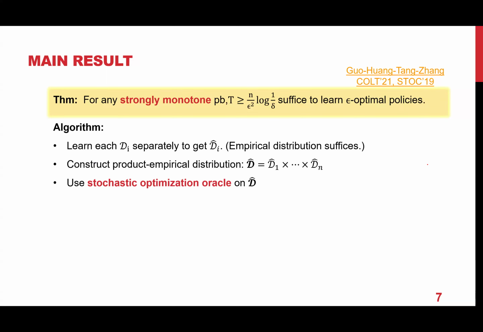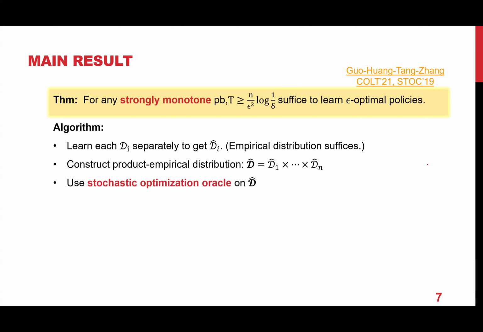The algorithm is just, for each individual distribution, you have these many samples, n over epsilon squared samples. For each distribution di, separately learn di hat. I'm not going to do anything fancy. I'm just going to take the empirical distribution for that ith random variable and apply the DKW inequality to argue that di hat is close to di.